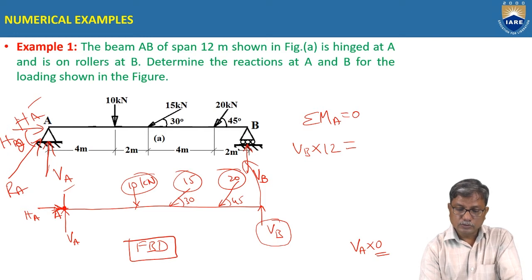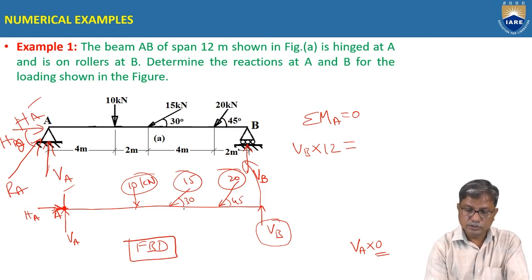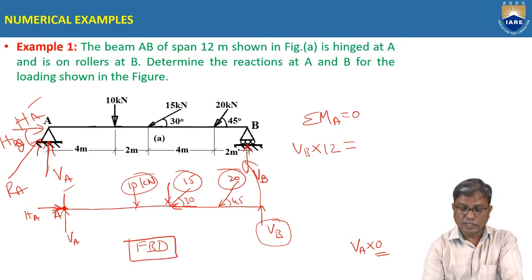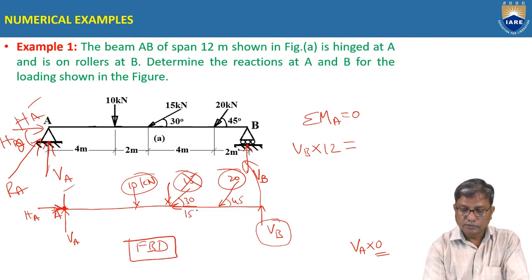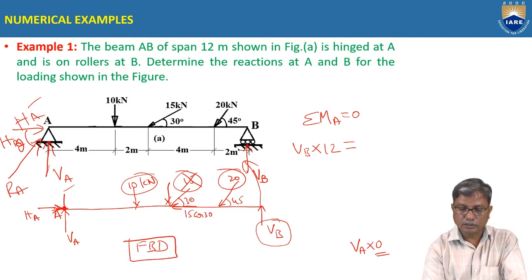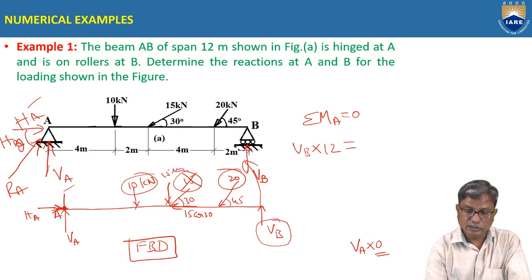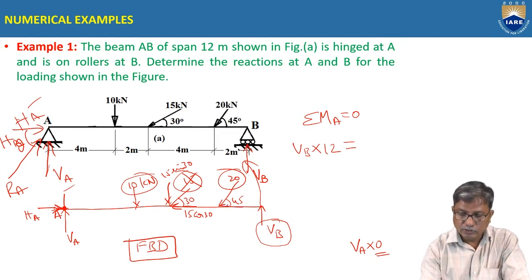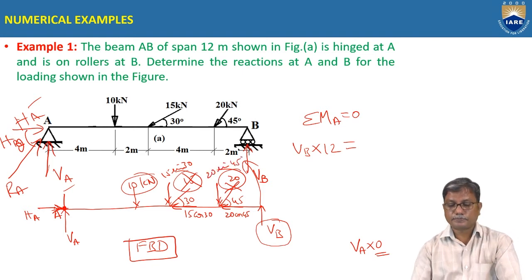Coming to these inclined loads, they will have components along the axis of the beam and perpendicular to the axis of the beam. So we replace this by components 15 cos 30, which is acting along the beam, and 15 sin 30, which is perpendicular to the axis of the beam. Similarly here we replace this by its horizontal component 20 cos 45 and vertical component 20 sin 45.